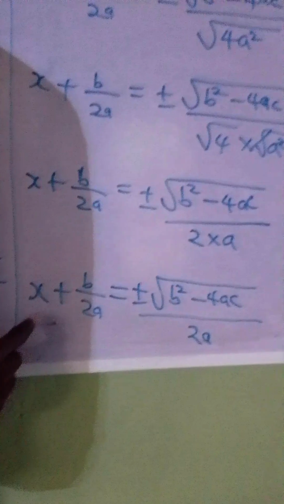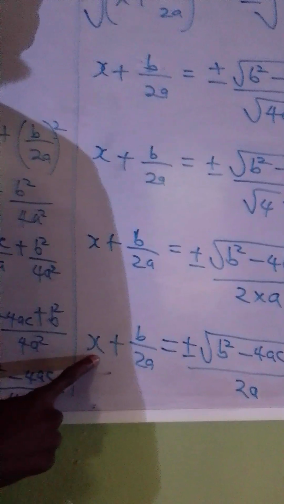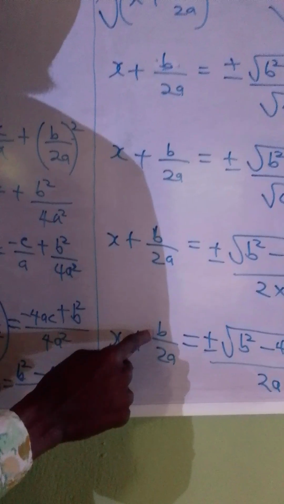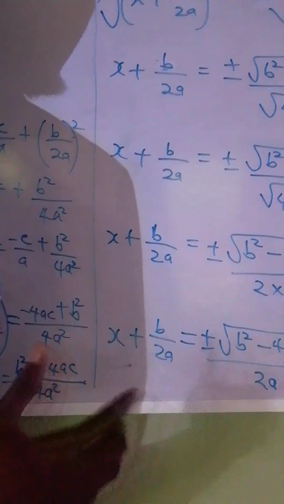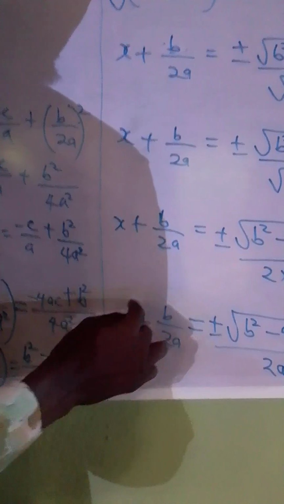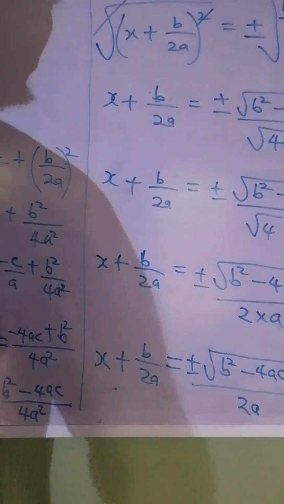Okay, now let's go back there. So what next? I'm going to add to both sides minus b over 2a in order to make x the subject of this equation. Or better still, you can put it this way, taking this plus b over 2a to this side, so this plus will change to minus.